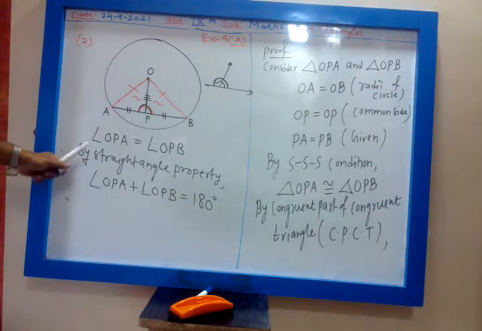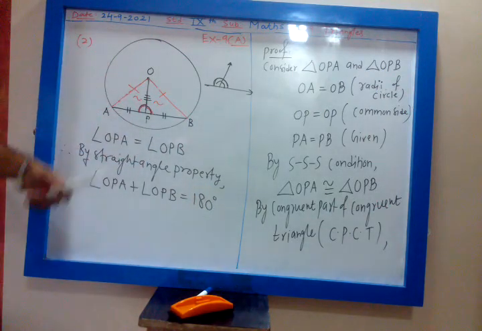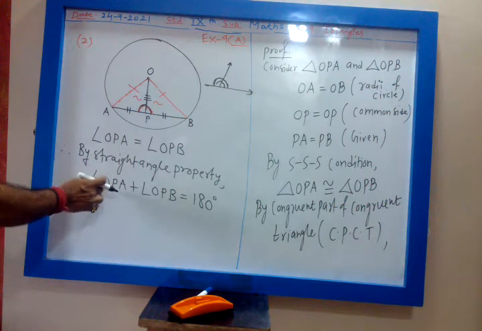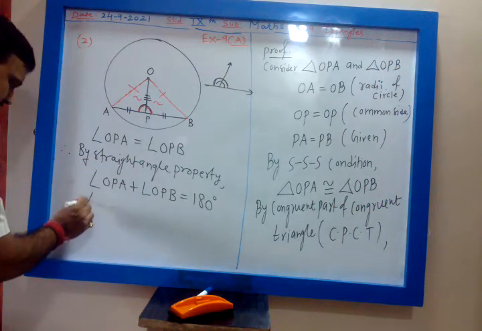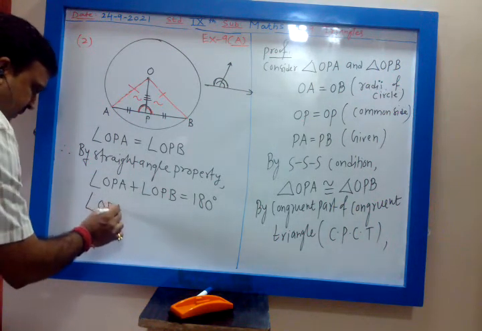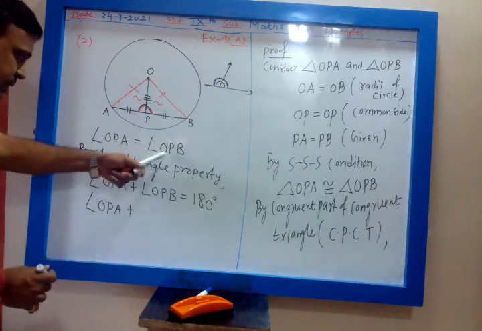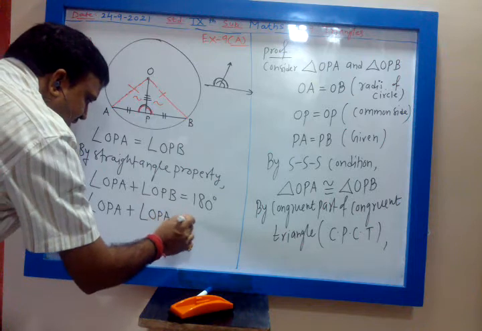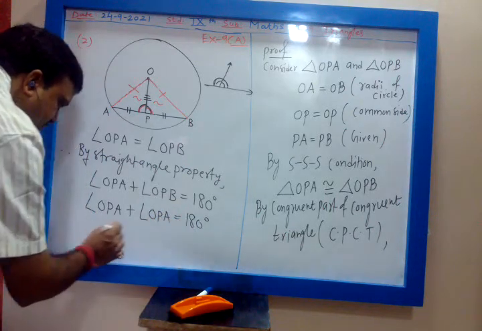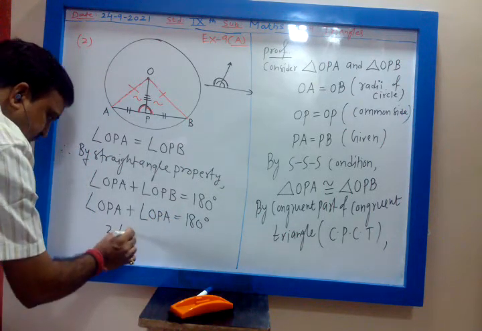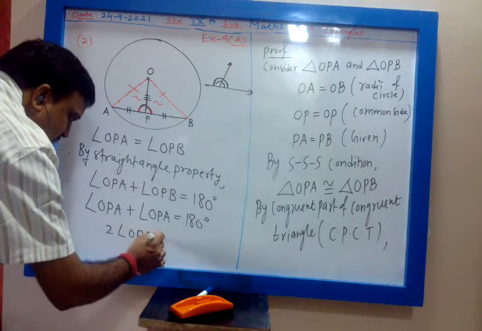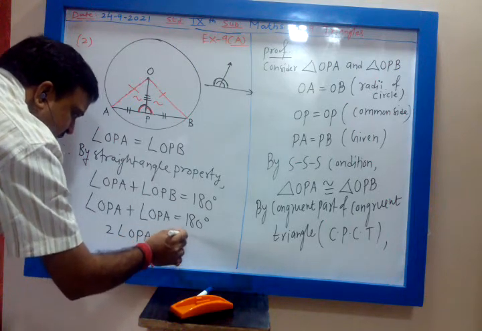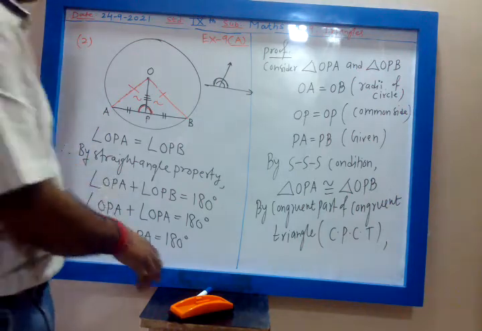But angle OPA and angle OPB are equal, so you can replace any one. Replacing angle OPB by OPA, angle OPA plus angle OPA is equal to 180 degree. So 2 angle OPA is equal to 180 degree.